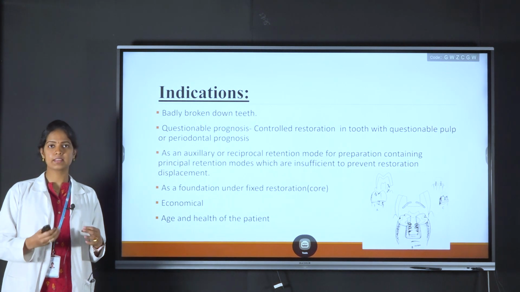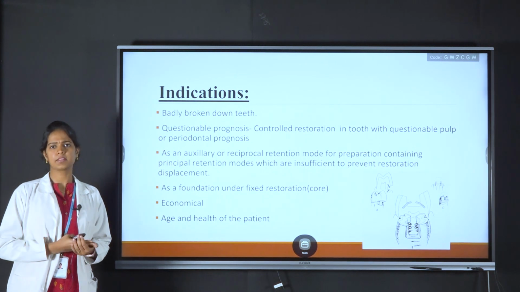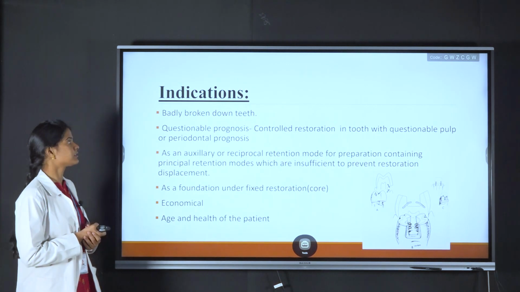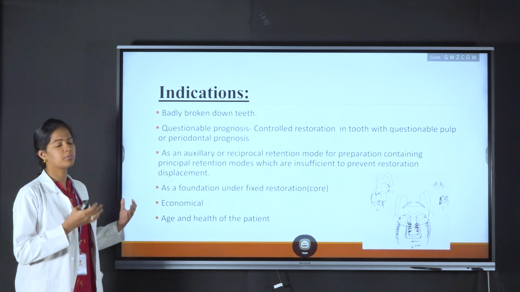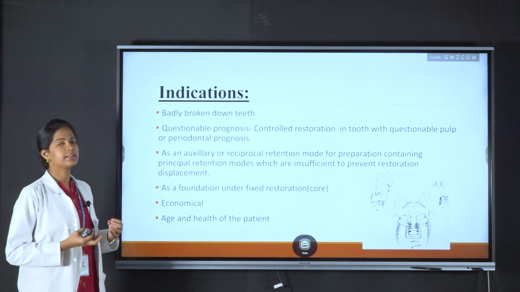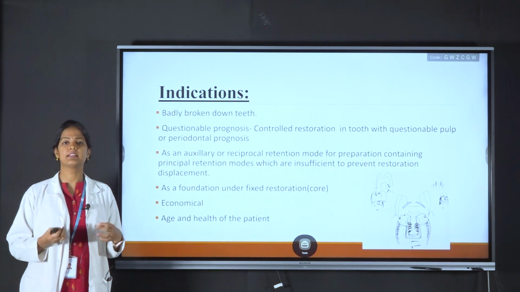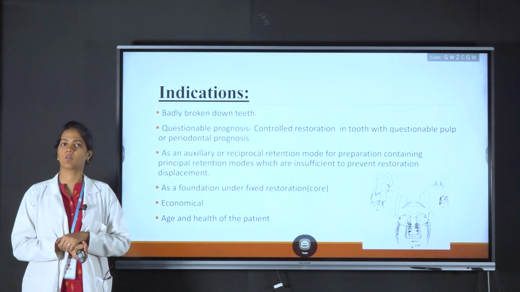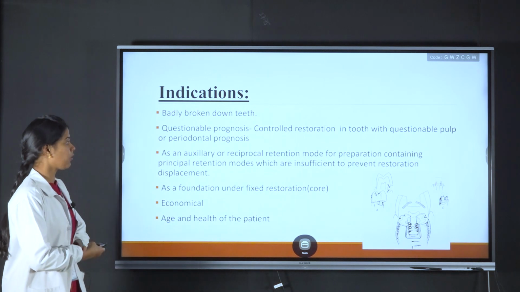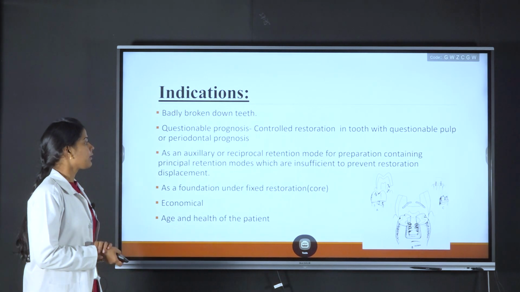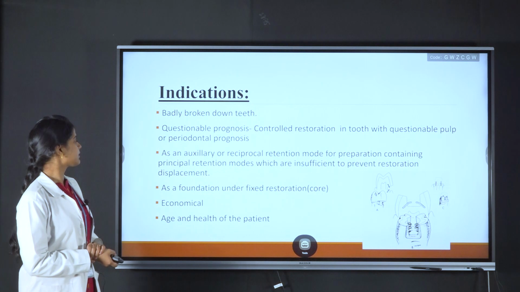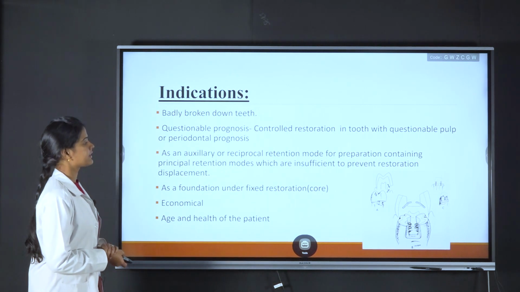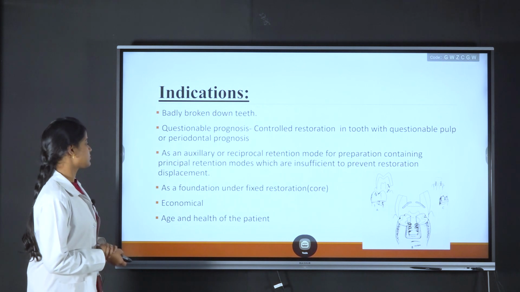So what are the major indications? Now that we know the definition of a complex amalgam restoration, we'll see in which cases we can indicate it. In a grossly broken down tooth, or in a tooth with questionable prognosis wherein the tooth can go for root canal treatment, such borderline cases can also be treated. Also as an auxiliary or reciprocal retention mode for preparations containing principal retentive modes which are insufficient to prevent restoration displacement.